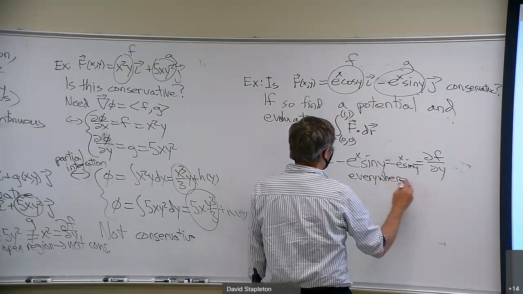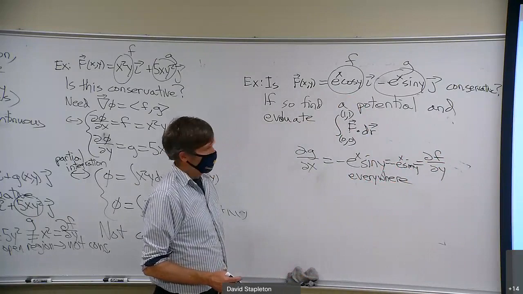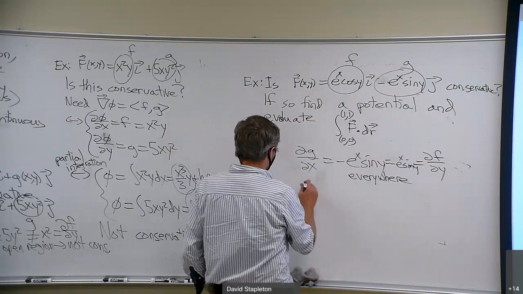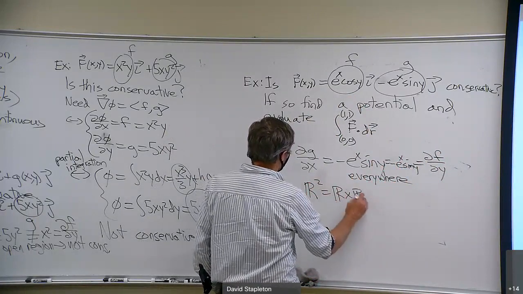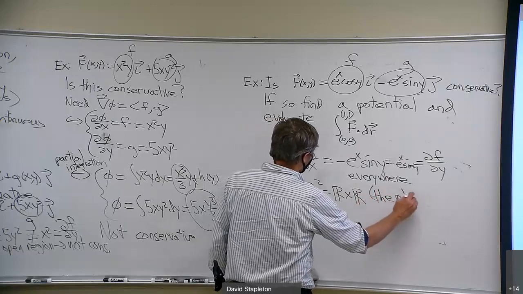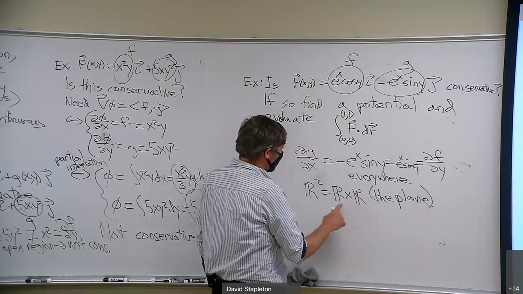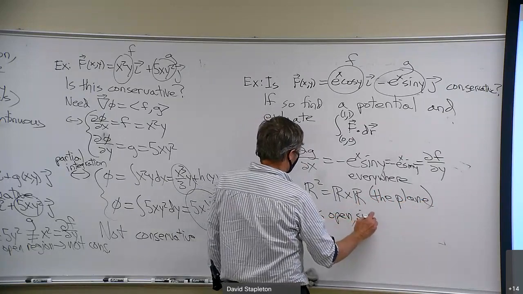Well, the whole plane is a simply connected open region. R2 is notation for the real numbers Cartesian product with the real numbers, so it's all ordered pairs of real numbers. Open, simply connected.